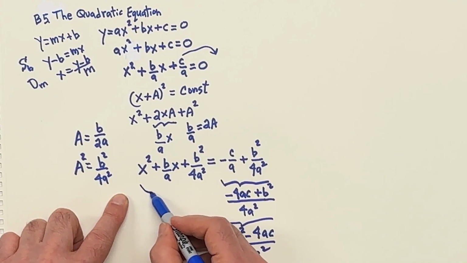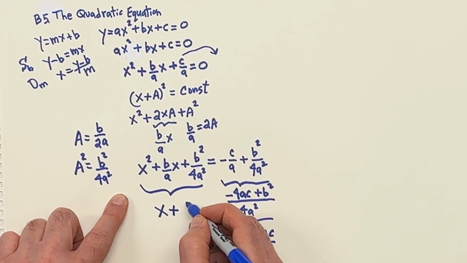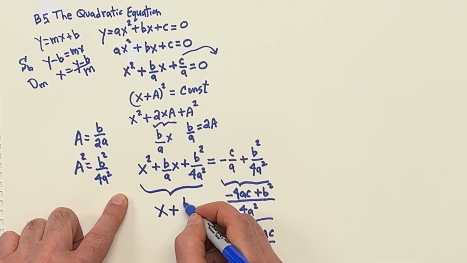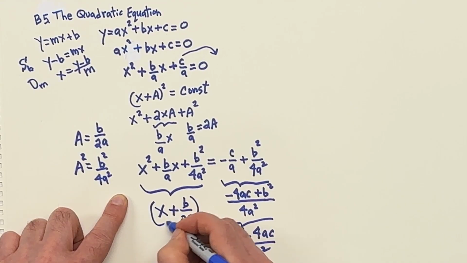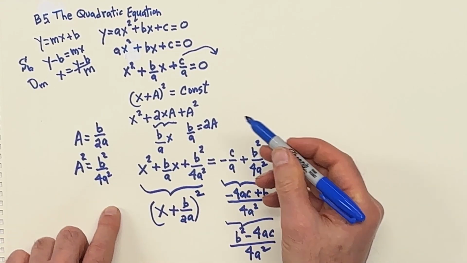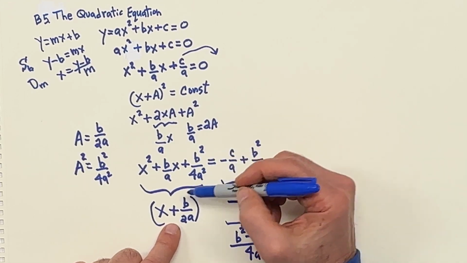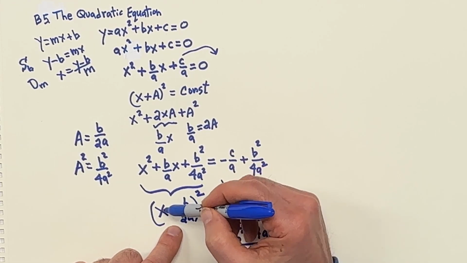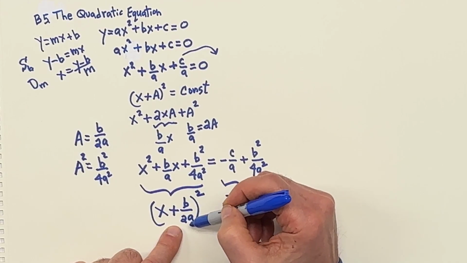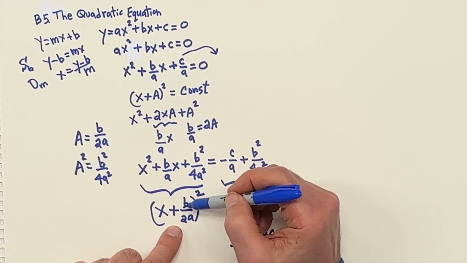So now I have my perfect square, so that means this is x plus b over 2a, the quantity squared. Now let's check it. You square the first one, x squared, there it is. Then you take 2 times the cross term, so that would be bx over 2a times 2, so the 2's cancel, and you get bx over a.